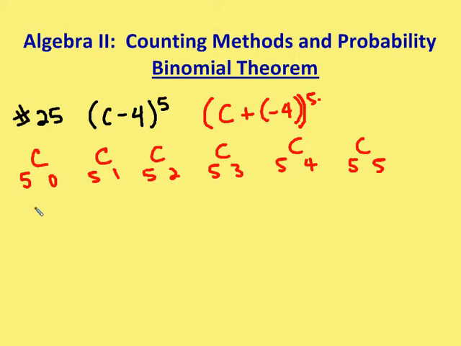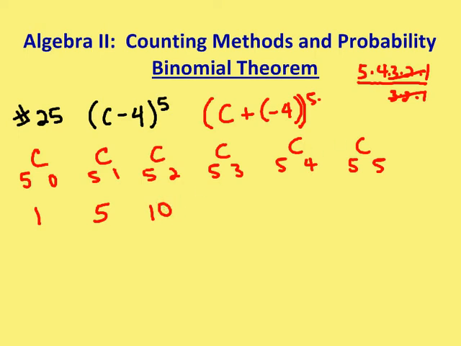In this case, I know that this is going to be 1. This is going to be 5. Let's work this one out. I've got 5 times 4 times 3 times 2 times 1 over 3 factorial, which is 3 times 2 times 1, and 2 factorial, which is 2. That's going to be 20 divided by 2, which is 10.